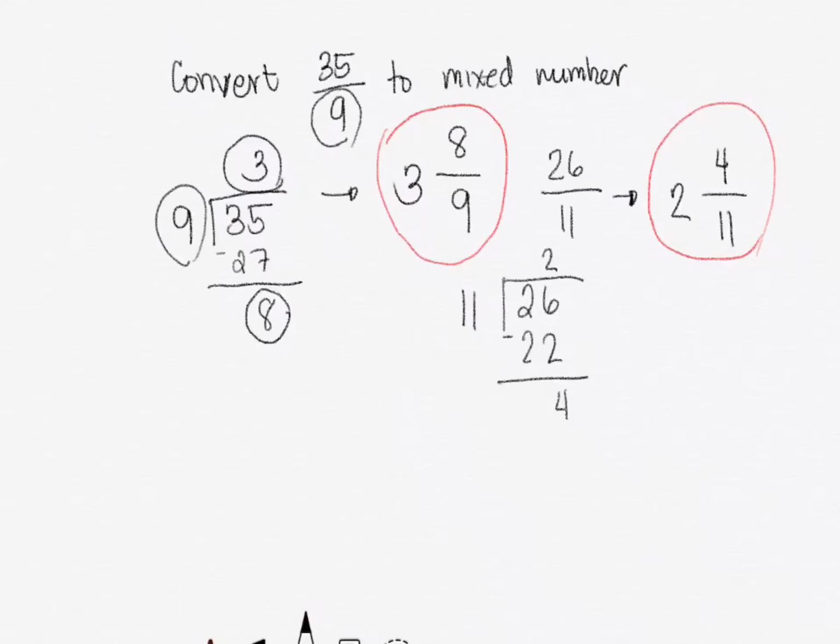For the last example, we have 33 divided by 7. So again, we'll perform natin yung division. We have 33 divided by 7. 33 divided by 7 is 4. 4 times 7 is 28. 33 minus 28 is 5.